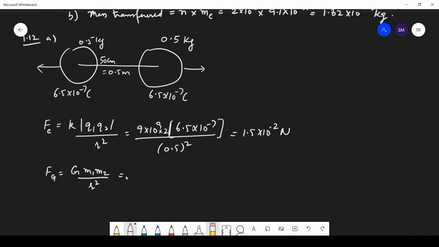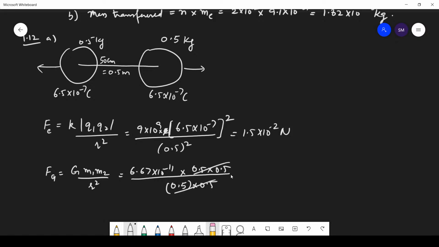So it is 6.67 into 10 to the power minus 11 into, sorry students, here we are not adding the masses, we are multiplying them. So it is 0.5 into 0.5, divided by the distance, also 0.5 into 0.5.